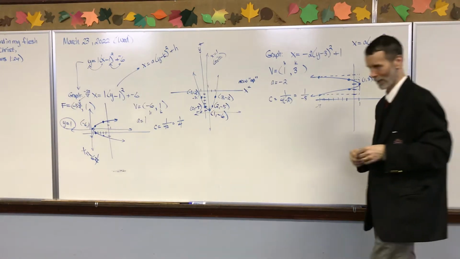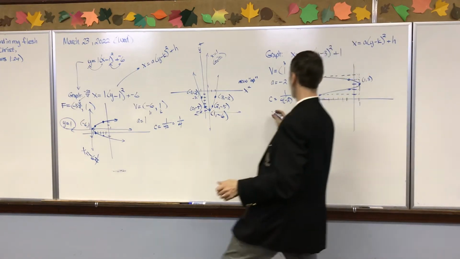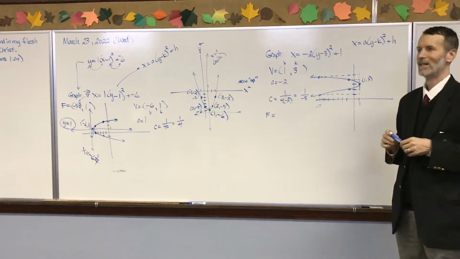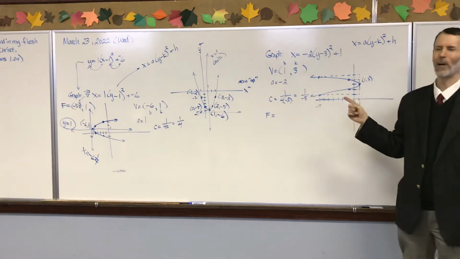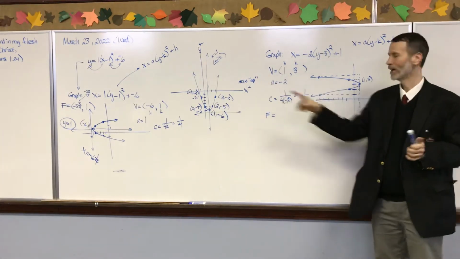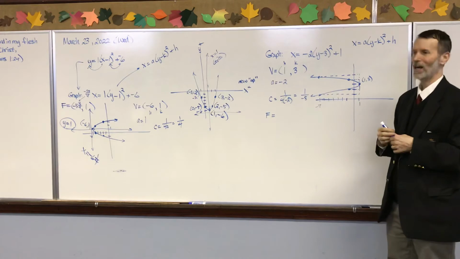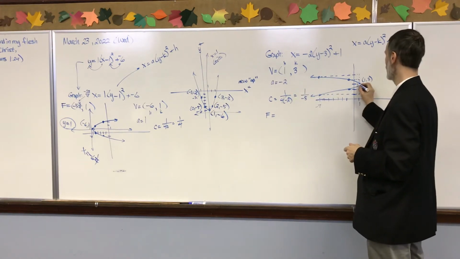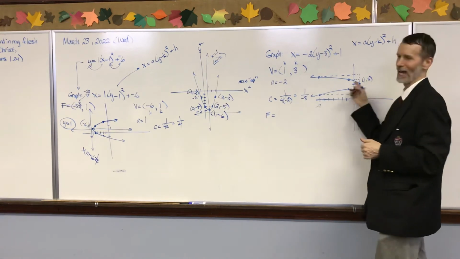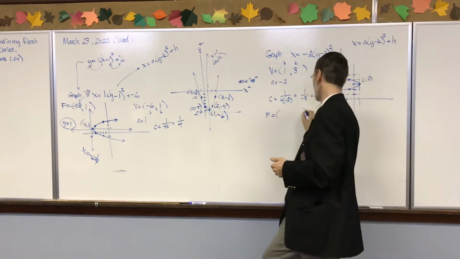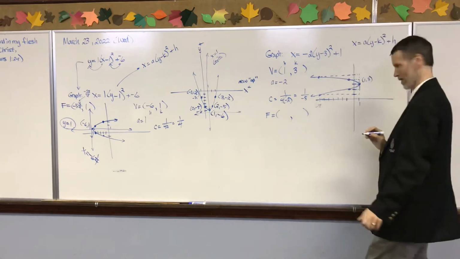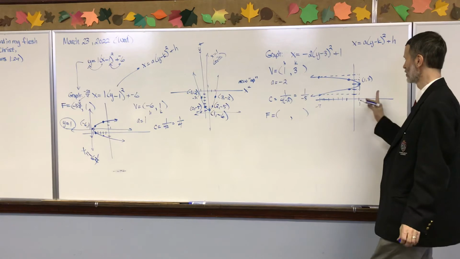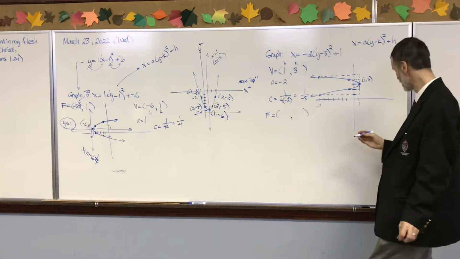Now you tell me. Sam, where is the focus? Is it up, down, left, or right? Left. The graph should tell you right away. Wherever the graph is being pulled, that's the focus direction. How far to the left? Negative 1/8. So 1/8 that is spaced to the left. Where is that? It starts at 1 comma 3. Scoot it 1/8 of a space to the left.